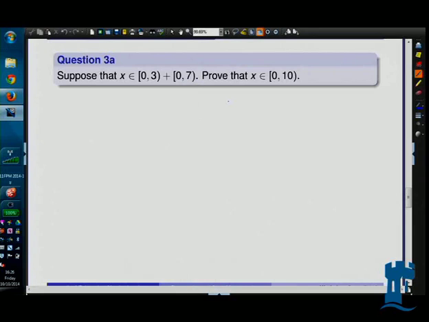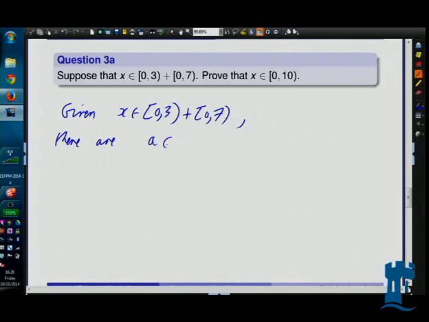So we're given that x is in the sum of these two sets. There are a in the first set and b in the second set with x equals a plus b.